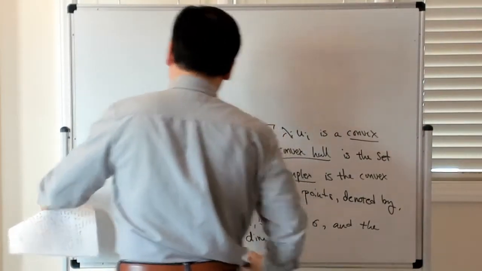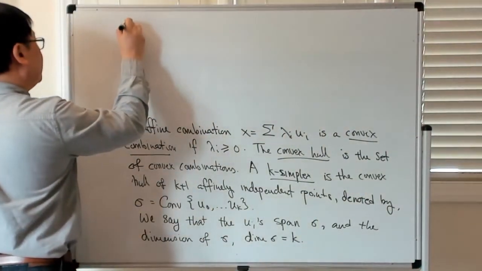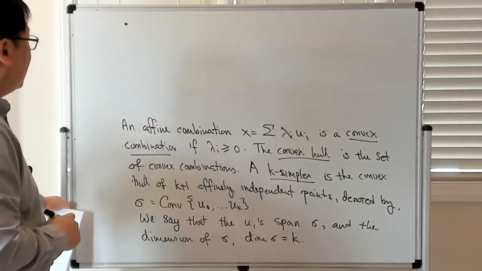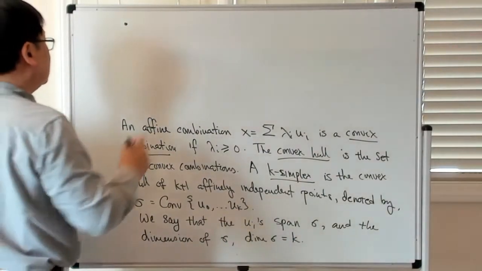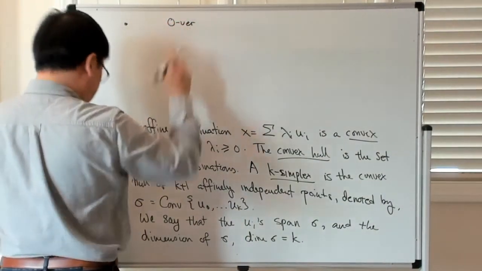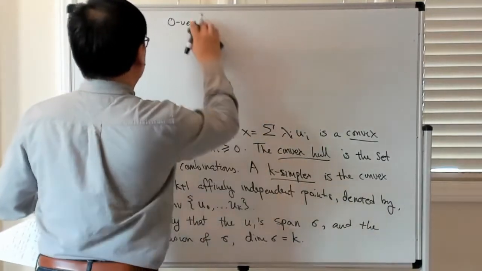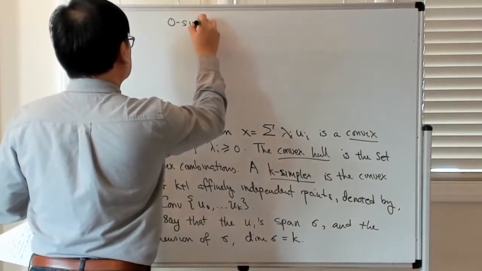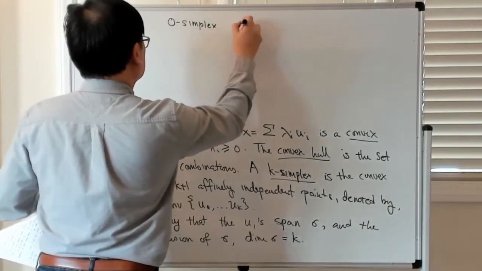Okay. So if you just had one point, the convex combination of that by definition is just that one point. And this is, of course, a zero simplex, which we call a vertex.